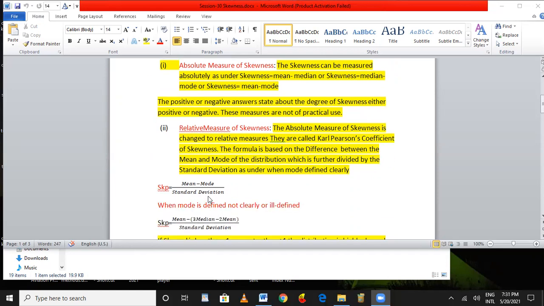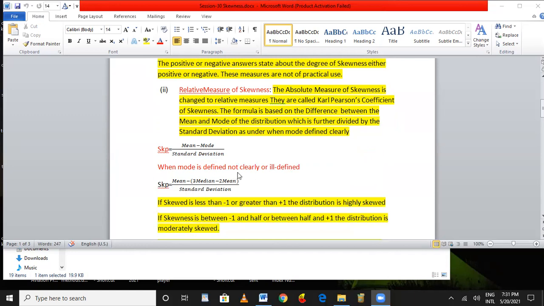Standard deviation can be calculated by the actual mean method or by the assumed mean method. Whichever method is used for obtaining the standard deviation, we have to apply mean minus mode over standard deviation.